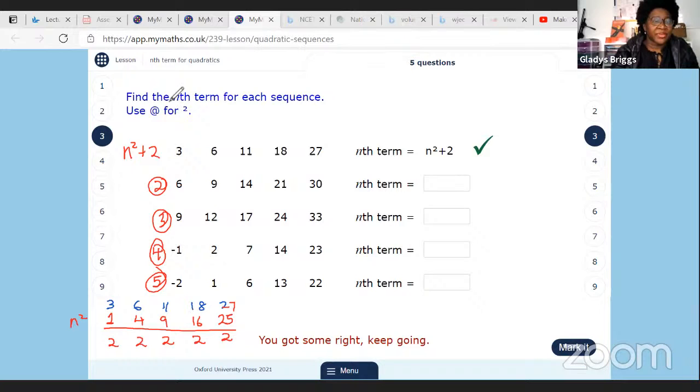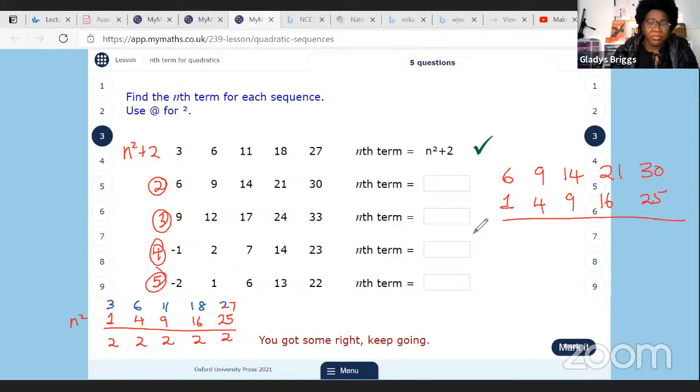For question 2, we have 6, 9, 14, 21, and 30. We want to compare them to the square numbers and then subtract, because it's going to be n squared. So we subtract from the square numbers to find the difference, or what we have to add to it.